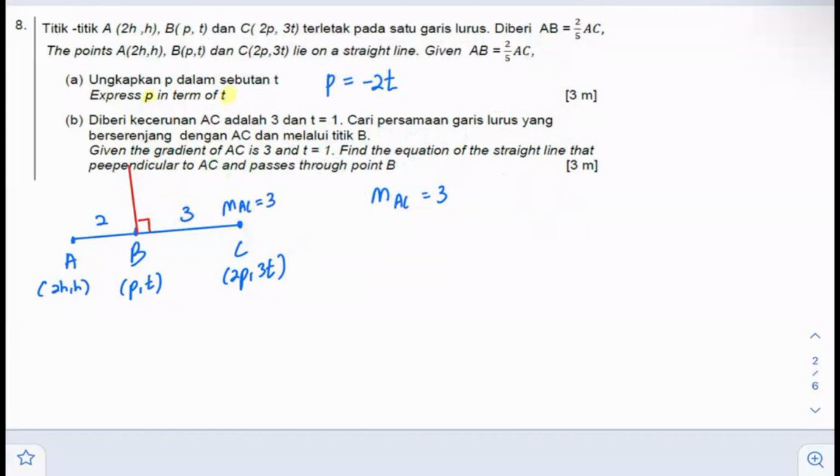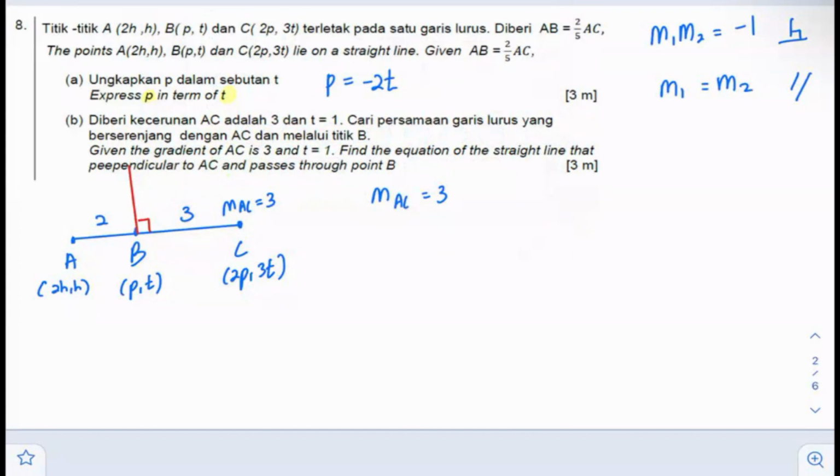And remember, for perpendicular lines, we have m1 m2 equals -1. This is only valid for perpendicular. If it's parallel, m1 equals m2, which means the two straight lines have the same gradient. So in this case, m1 m2 equals -1.